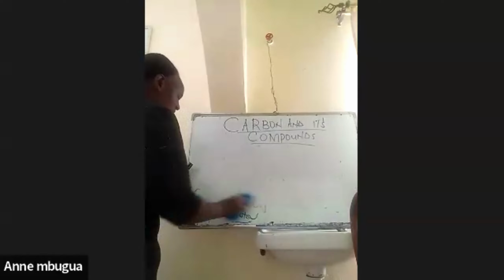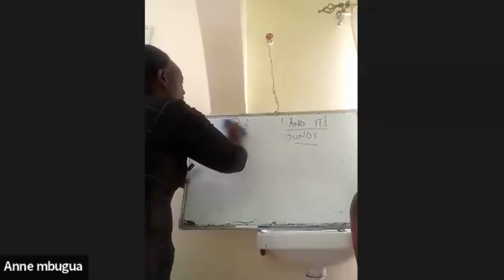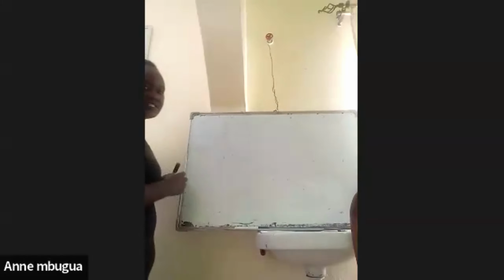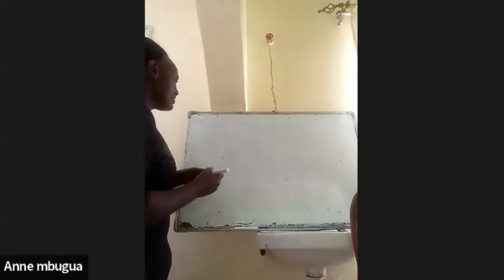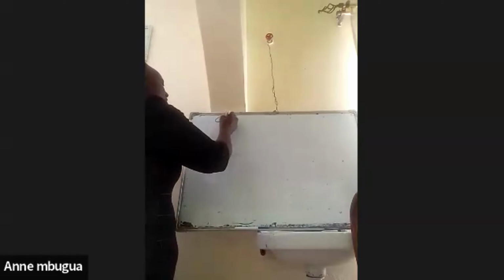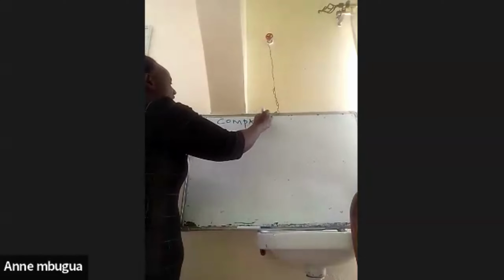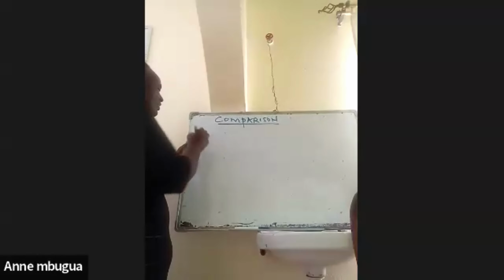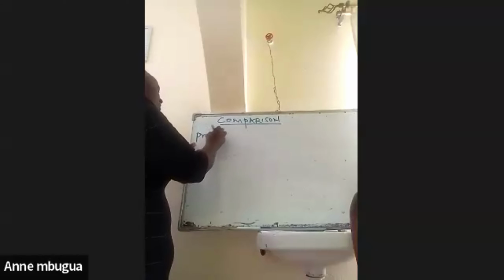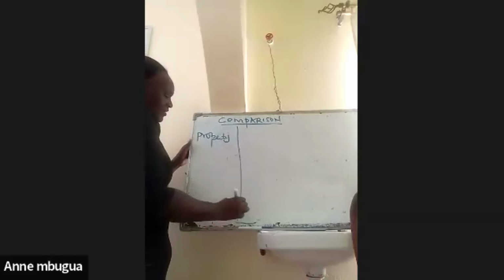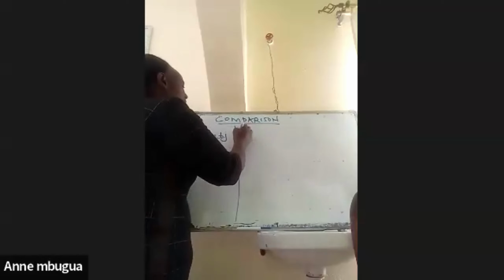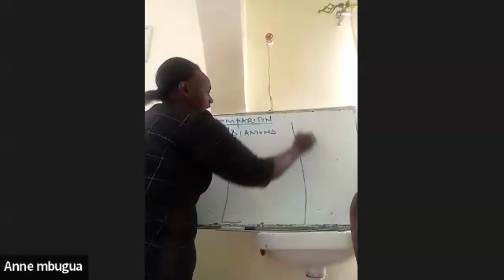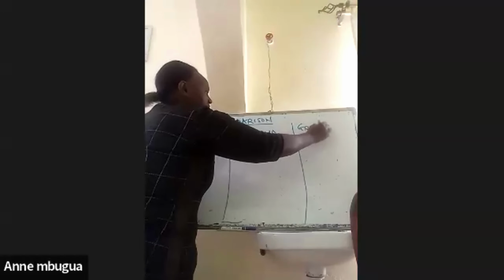We're going to have a column for the property, another column for diamond, and the next one for graphite.